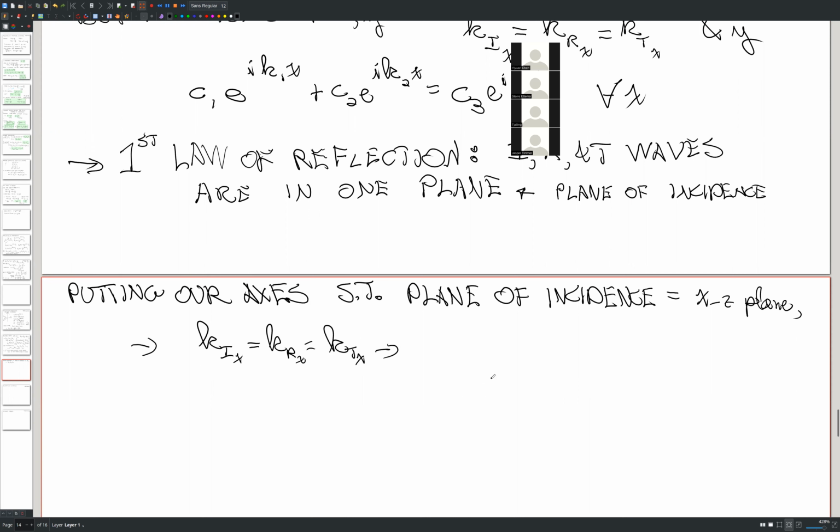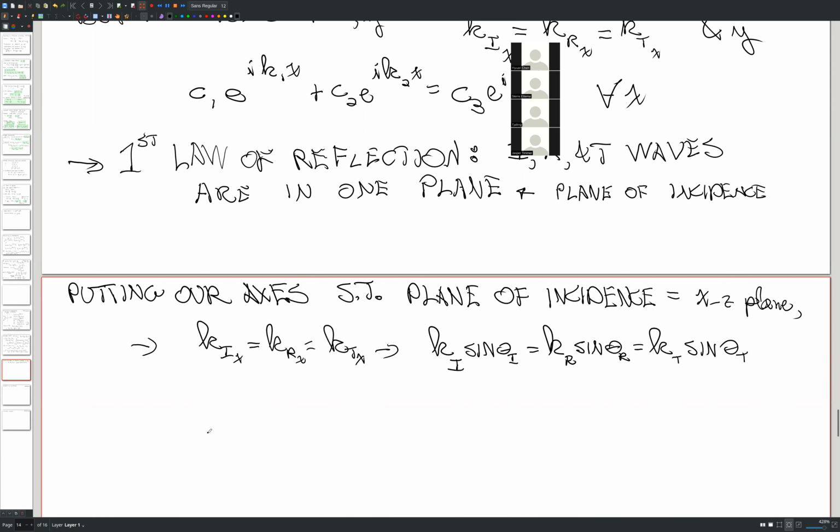That tells me that k_i sine theta_i is equal to k_r sine theta_r is equal to k_t sine theta_t.